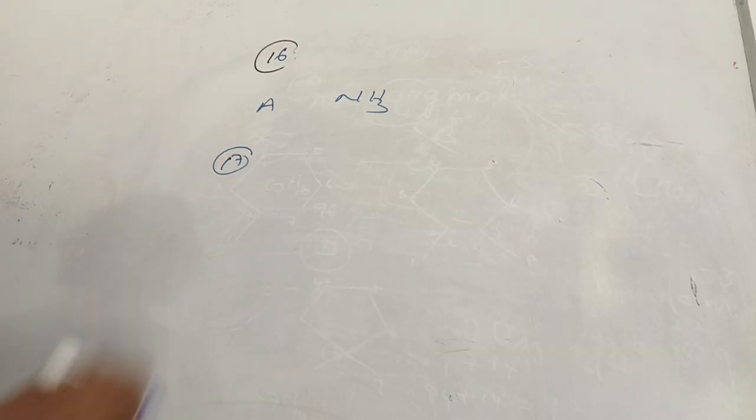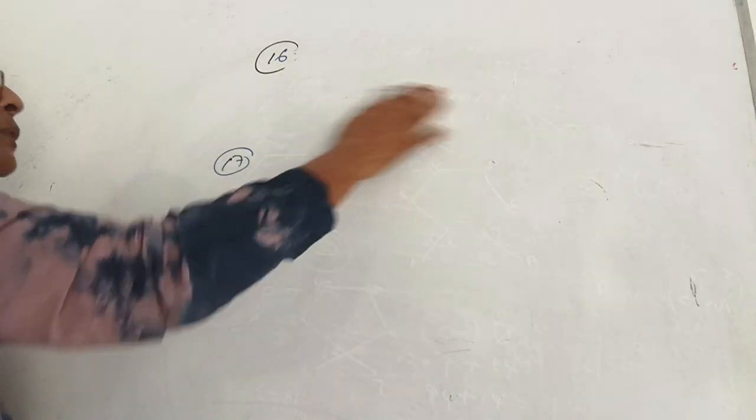The 17th question is based on what occurs in the propagation step in the reaction of methane and chlorine. So you should identify what the propagation step is. Propagation step means it uses one free radical and again generates another free radical.